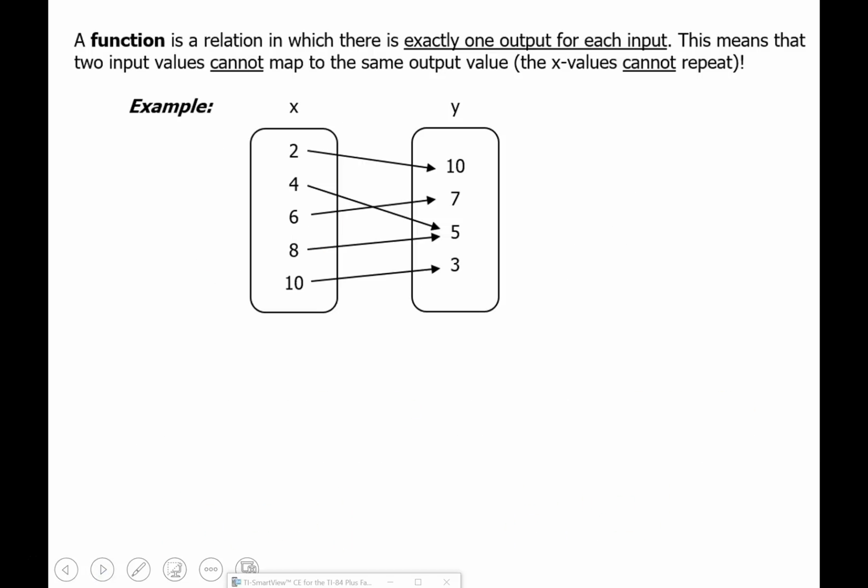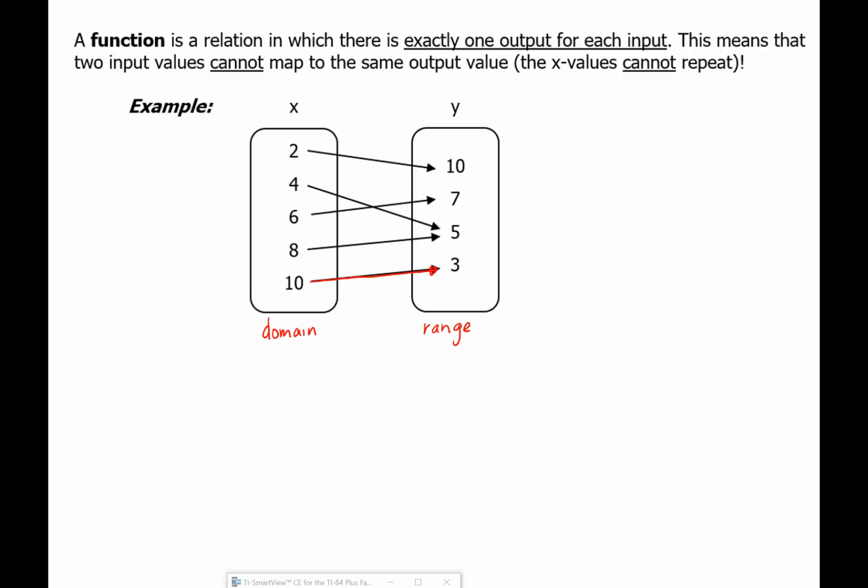Alright, so let's look at functions now. The definition of a function is if you have a relation, like we have here in this example, and each input value, or the domain of that relation, maps each input to only one output value, or one value in the range of the function.